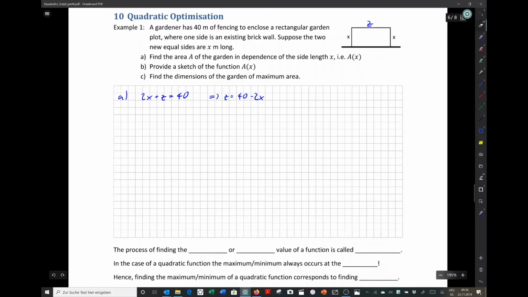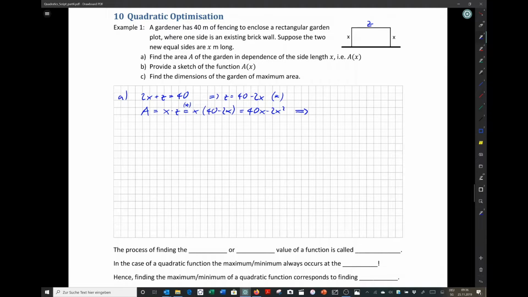Now we can express the area A as x times z, replacing z by this equation star up here. We get x times 40 minus 2x, which equals 40x minus 2x squared.